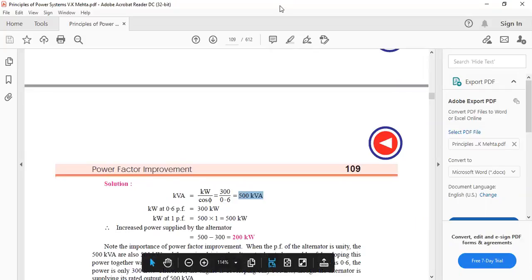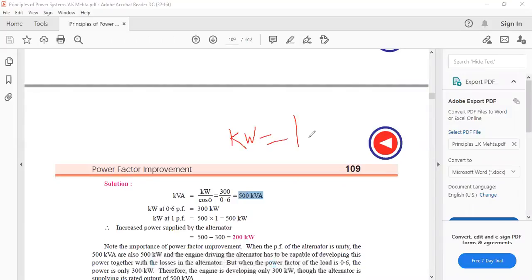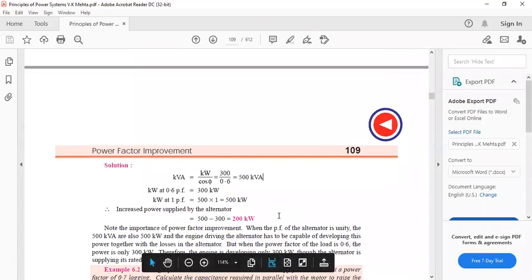If I need kilowatt, you can use kVA into cos phi. Cos phi means unity, so this value will become 1. Therefore, kVA we have already obtained, 500, into 1. So therefore, 500 kilowatts is the increased supply by the alternator.